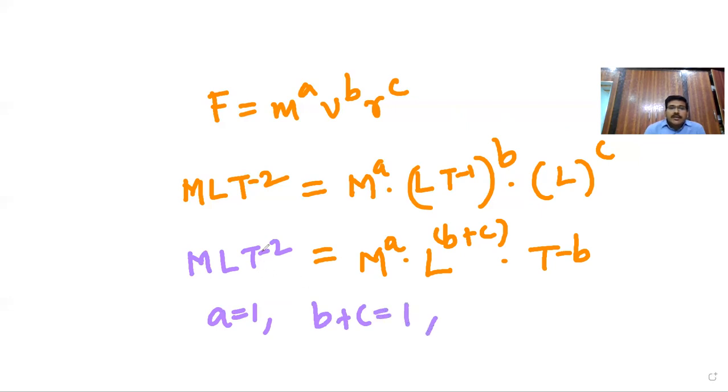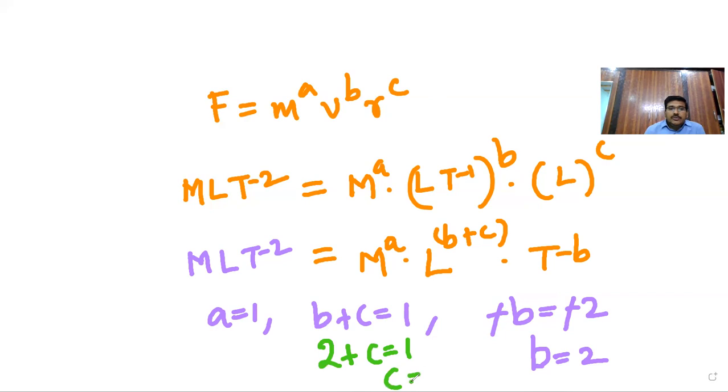Similarly, T to the power of minus 2, T to the power of minus b. So minus b is equal to minus 2. Here minus minus cancels. b is equal to 2. Now, if I substitute back the b here in this equation, it becomes 2 plus c is equal to 1.